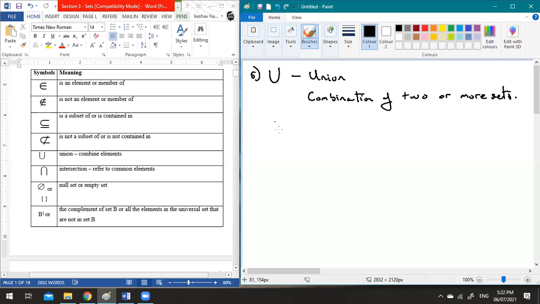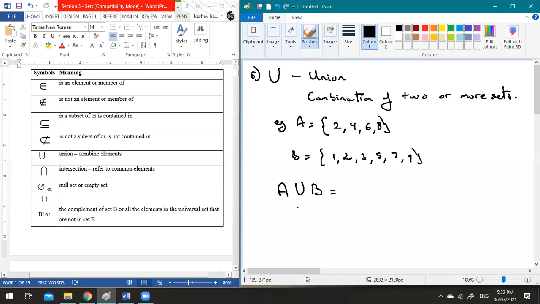So an example of this is if set A contains the elements 2, 4, 6, 8, and set B contains the elements 1, 2, 3, 5, 7, and 9, and they ask us A union B. What does this mean? It means that we combine all the elements of A and B.